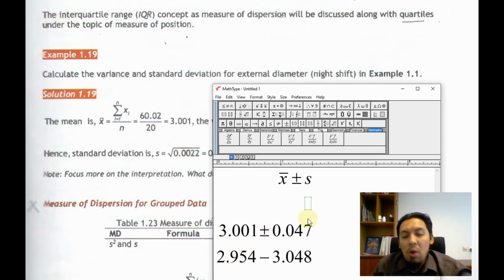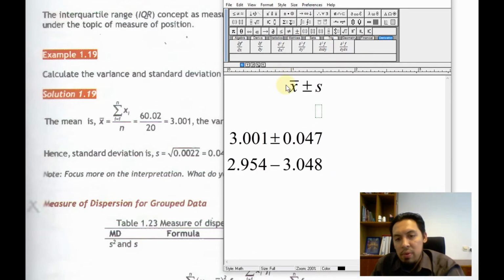So how about if you have data that is outside this range? In statistics, we don't just have one mean and standard deviation formula. We have the second one, which is 2S, and the third one, which is 3S.